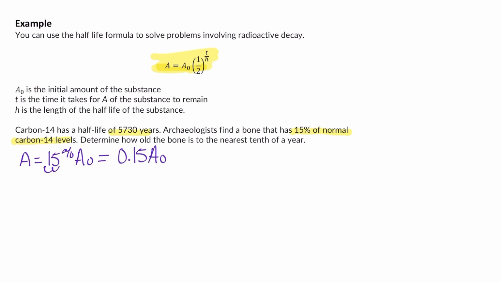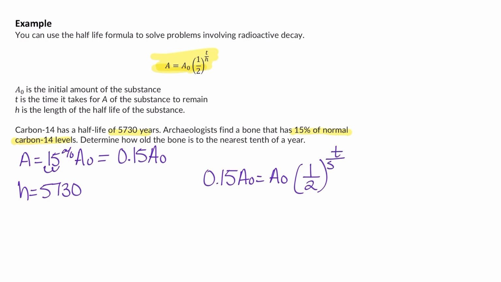And we also have the value of the half-life, right? So that tells us that H equals 5730. So now we can go plug into our equation. So we have 0.15 A naught equals A naught times 1/2 to the T over 5730.